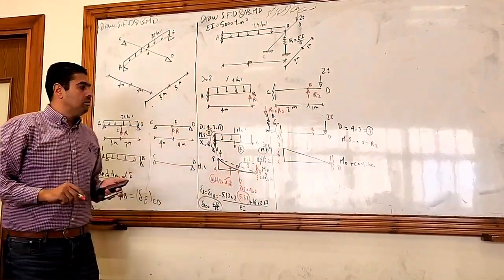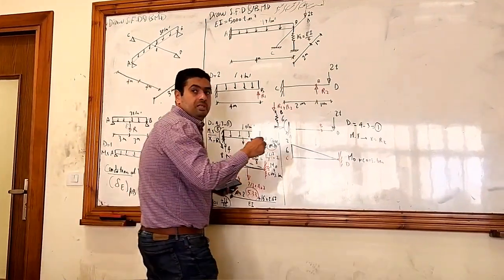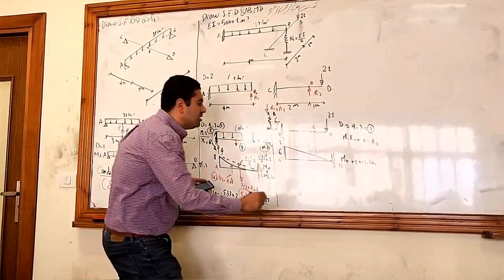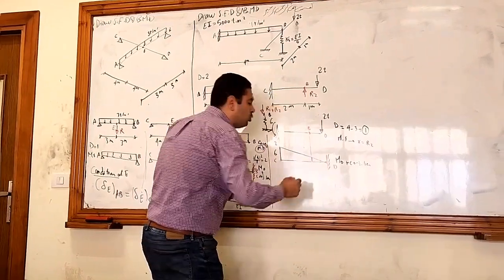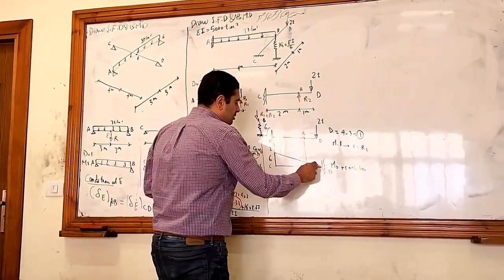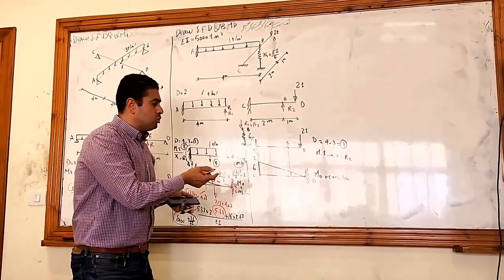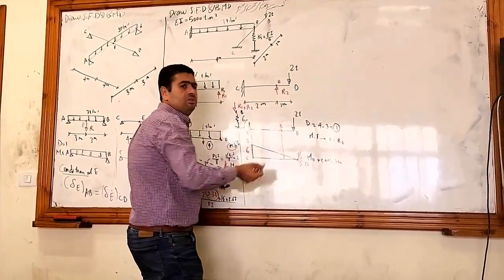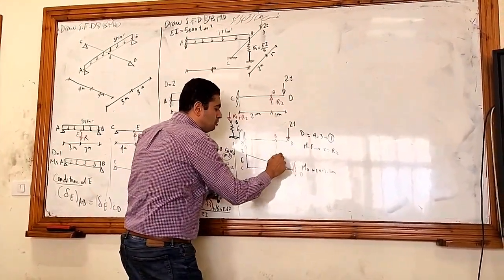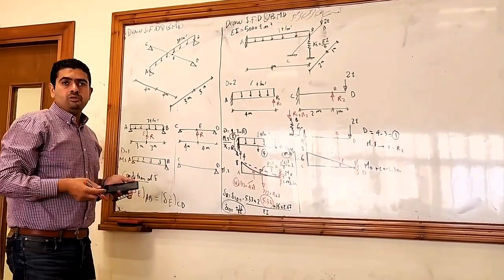Can I calculate the area of this triangle right away? No, I have to split it at point D. How can I know this value? I have 2 options to know this value: from similarity of the triangles, or this is a bending moment diagram, so I can calculate the bending moment here. What is the bending moment here? It's 2 times 1, which is 2. Easy. Or for similarity of the triangles, it will be also 2.